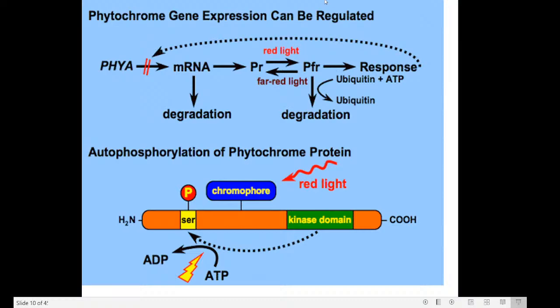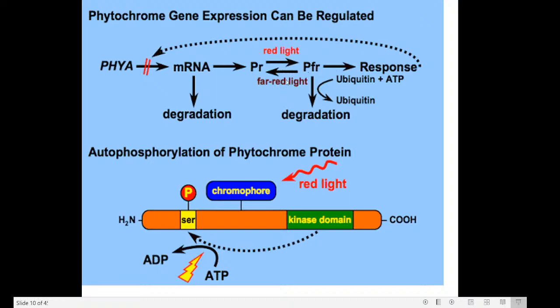And then how does it regulate gene expression? Here you can see phytochrome A, which means phytochrome 1. There is no direct interaction with the mRNA. If the light is far-red, mRNA degradation happens.